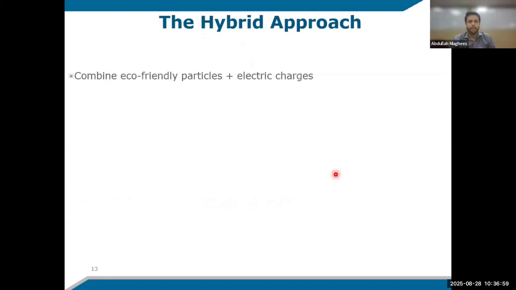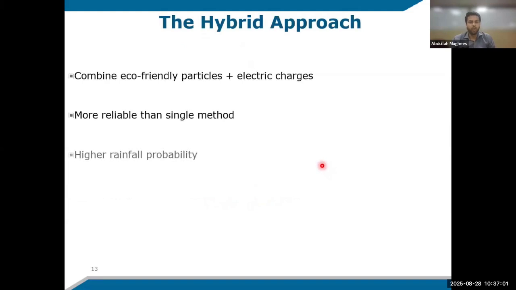So yes, now as I explained previously, to increase the maximum probability of success, we are going to look at this hybrid approach that will have this eco-friendly condensation nuclei, the seeding agent, the chemical that you want to put into the clouds, along with the electrical charges.